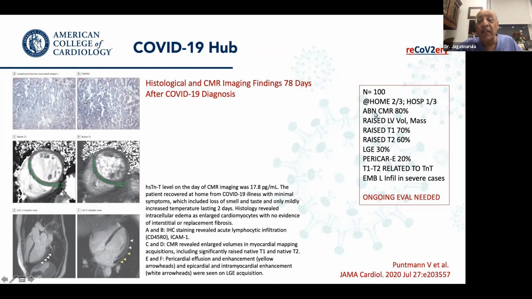In the 100 patients that they did advanced CMR studies on, the CMR was abnormal in 80%, whether it was increased left ventricular volume or mass.